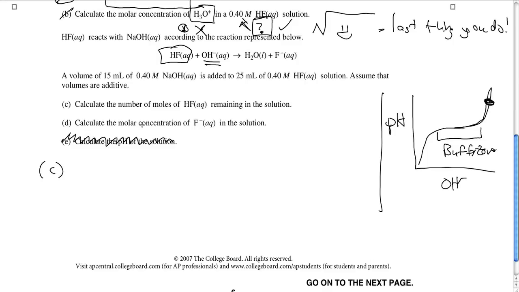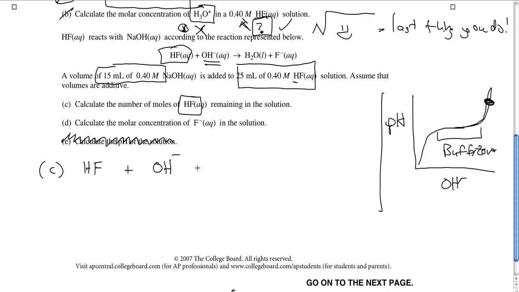For part C, they say calculate the number of moles of HF remaining in the solution. They tell you that you have 25 milliliters of a 0.4 molar solution of HF, and 15 milliliters of a 0.4 molar solution of NaOH. Let's look at this initially. If I rewrite the reaction, I have HF plus OH minus goes to H2O liquid plus F minus.